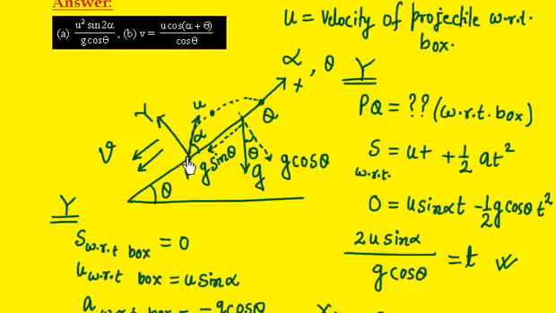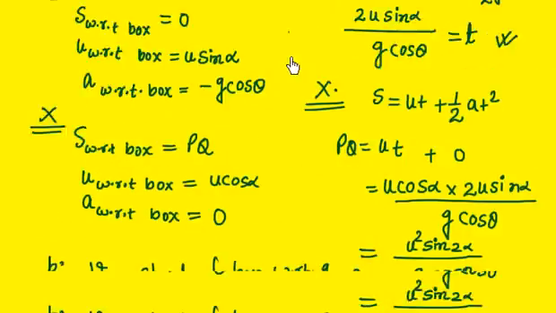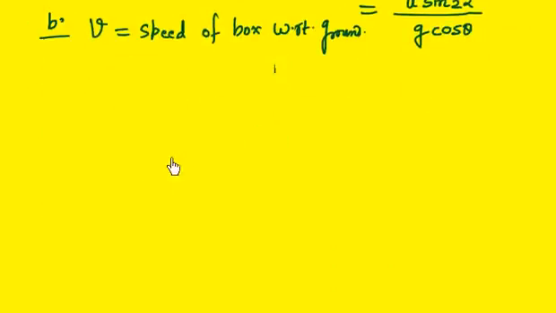The projectile has two velocities in the x direction. One velocity is u cos alpha. So let me make the diagram again. This projectile is projected with angle alpha, and this angle is theta.